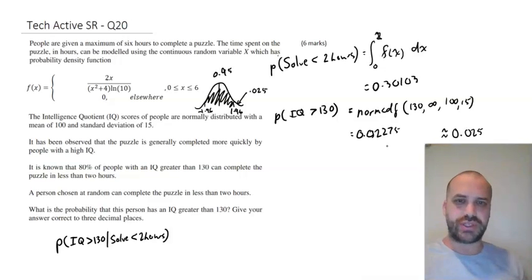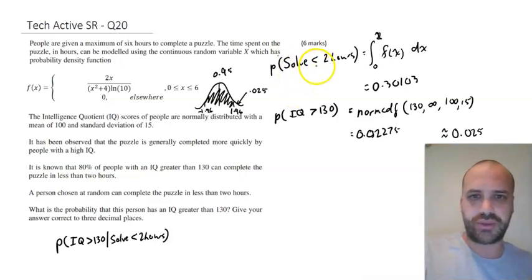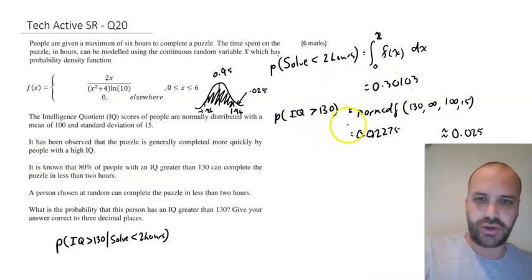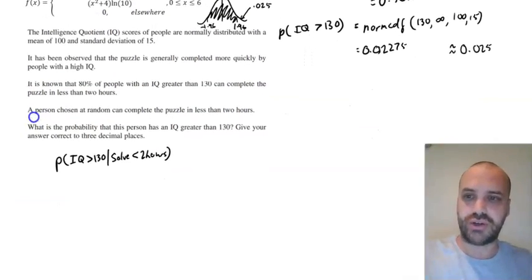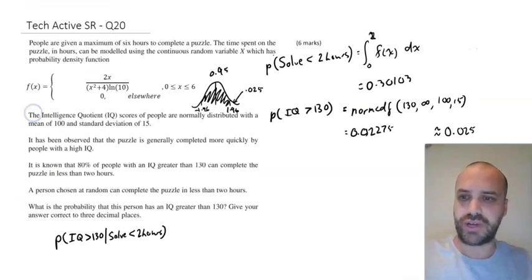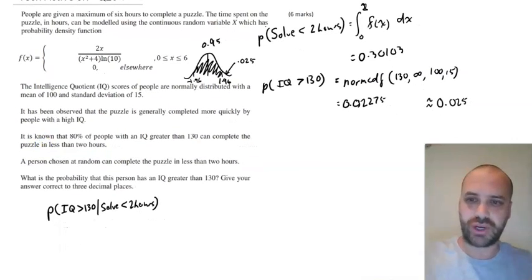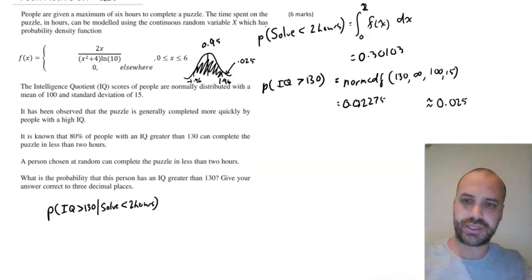Okay, all of that aside, we're ready to solve this now because we know the probability of solving in less than 2 hours. We know the probability of having an IQ greater than 130. So we can now figure out the probability of having an IQ greater than 130 given you can solve it in 2 hours.